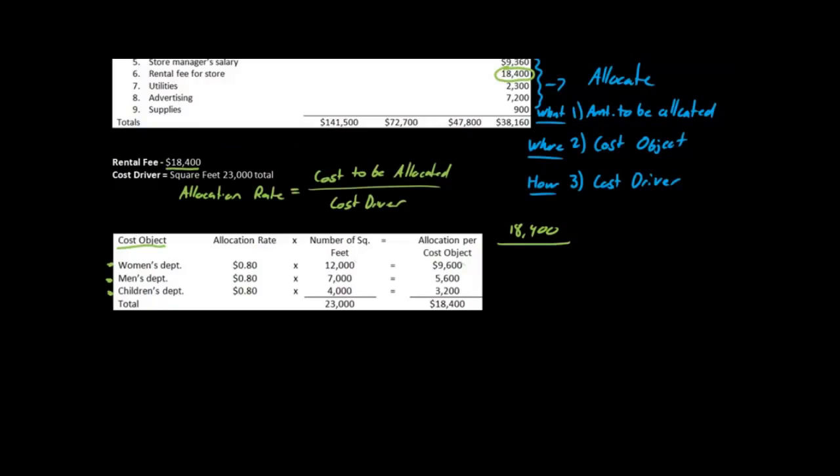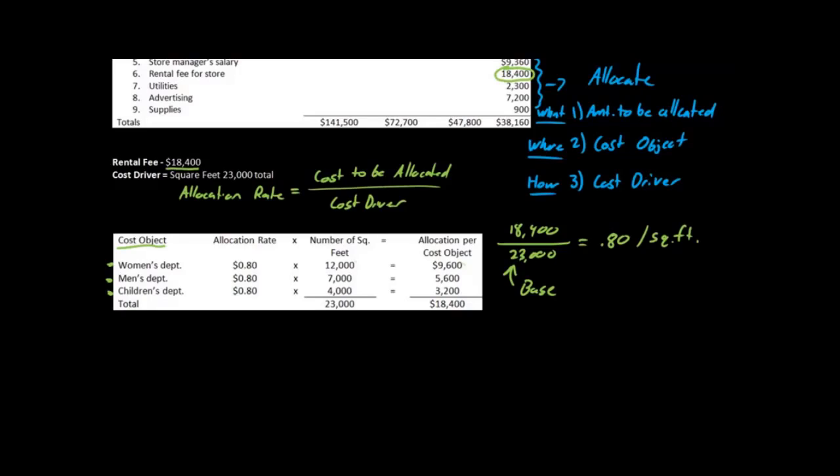In this case, the cost to be allocated, the what, is the $18,400 rental fee. And the cost driver, or the how, is the square footage of 23,000. So that is going to give us an allocation rate of 80 cents per square foot. And this 23,000 square footage down here is often referred to as the base. So it's the cost driver, or it's the base.